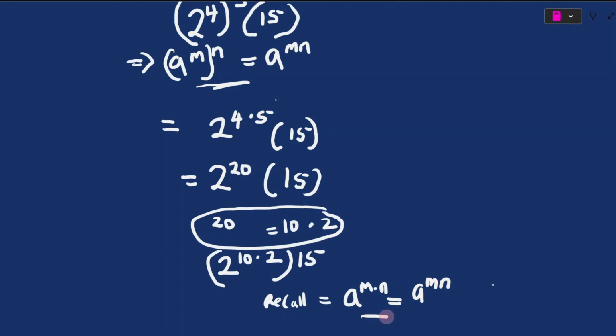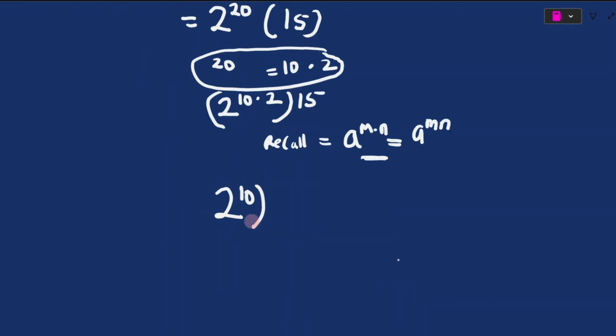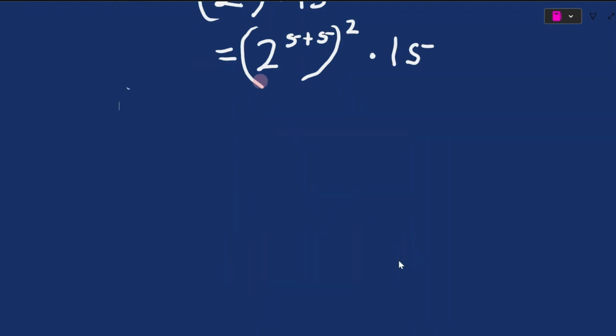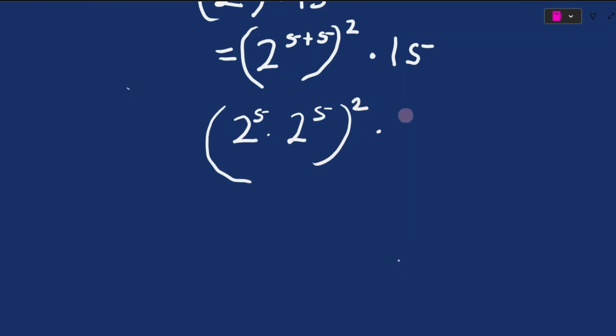If we apply this exponent rule here, we will have 2 raised to power 10 multiply 2, raised to the power of 15, which will give us 2 raised to power 5 plus 5, bracket raised to power 2 multiply 15. Applying the law of exponents here, this can be expressed as 2 raised to power 5 multiply 2 raised to power 5, bracket raised to power 2 multiply 15.